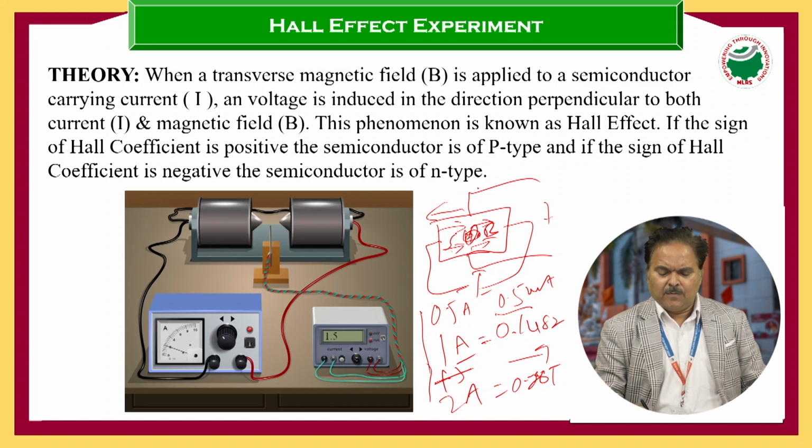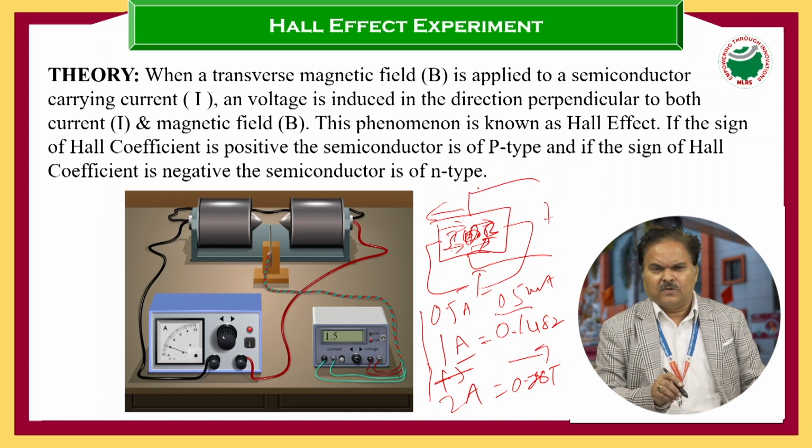The electron path will change. Earlier, before the magnetic field, the electron path was opposite to the field direction. But if you apply the magnetic field, balanced against the electric field, the path of the electrons will be deflected. It will move in another direction, the lower direction. That means the electrons or holes will move to the lower side.